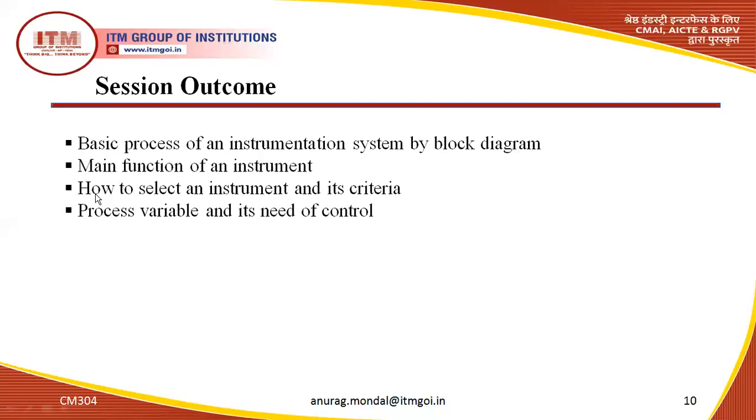Then we learned how to select an instrument and its criteria. I told you that there are varieties of instruments, and those varieties have different parameters, such as cost factor and sensitivity factor. Then we moved on to the criteria. The first criterion is that before choosing an instrument, we need to know the operating process very carefully, all the operating cases.